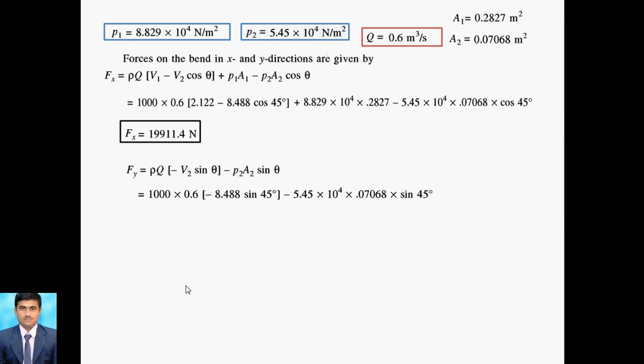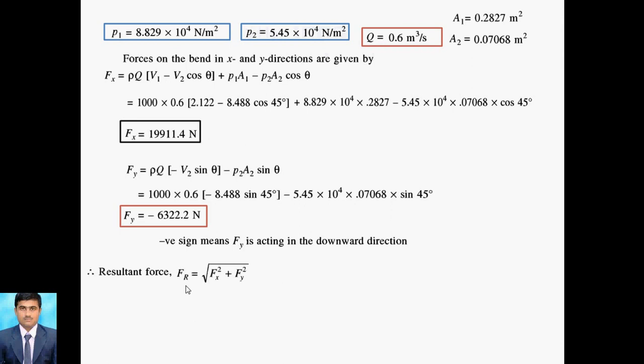Then Q is 0.6, minus V2 sin theta, where V2 is already known, that is minus 8.488 sin 45, minus P2 which is 0.545 times 10 raised to 4, A2 is 0.07068, times sin 45. So we get the value of Fy. So this is the value of Fx and Fy. The negative sign indicates that Fy is acting in a downward direction.